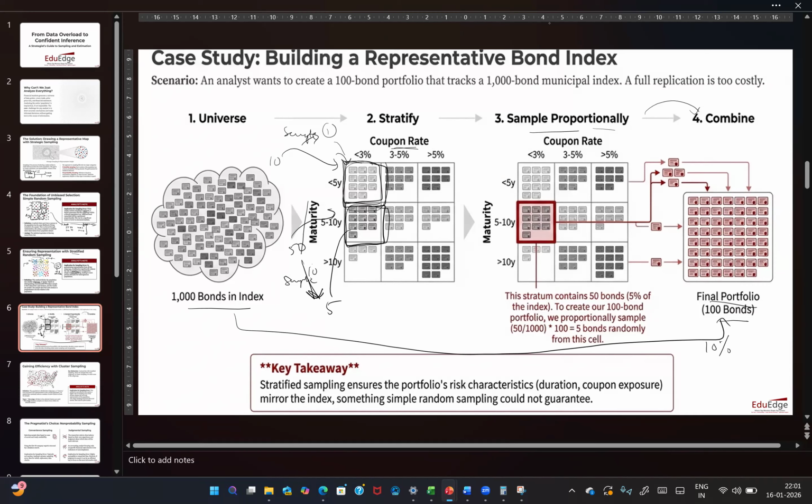So I'm reducing 90% and only selecting 10%. Hence I said if 10 was the representation here of this strata to the overall index, then I only select 10% of 10, which is one bond. So only one bond from the first strata will go into my eventual 100 bond portfolio.